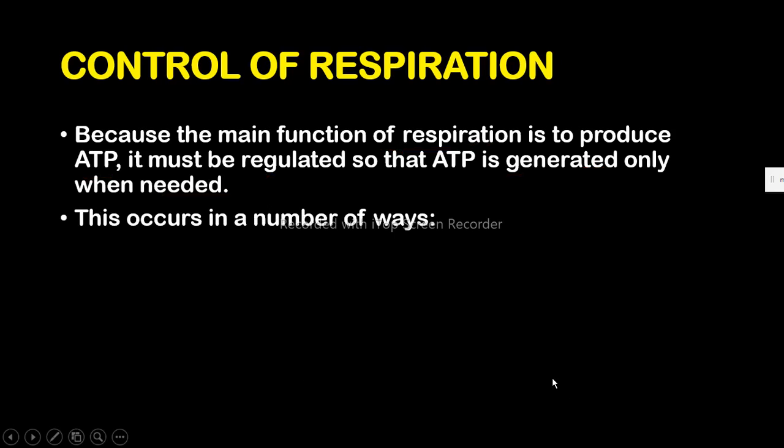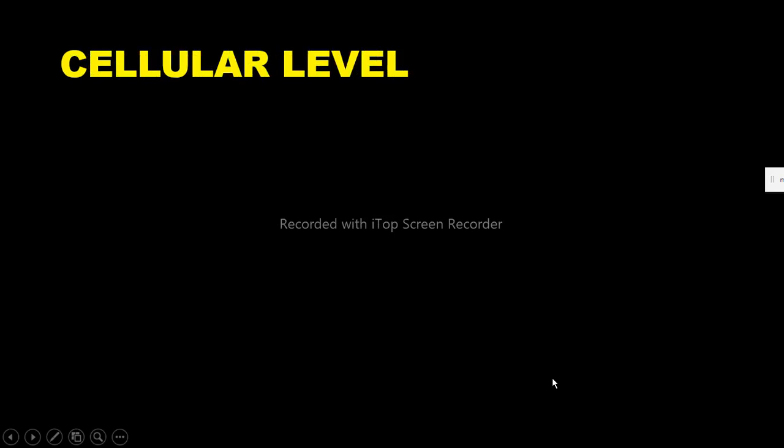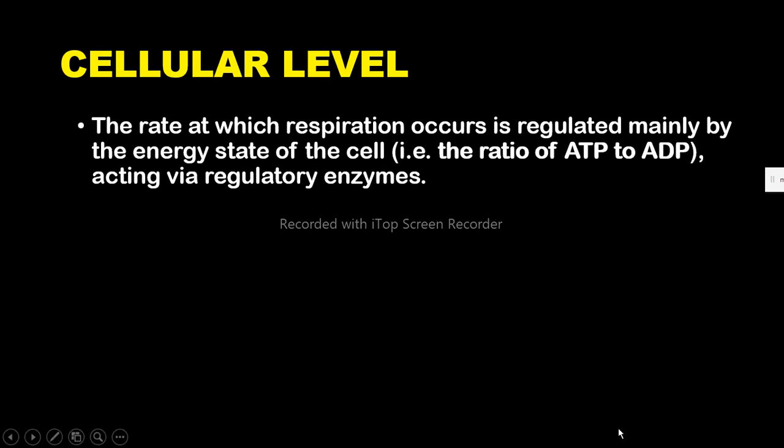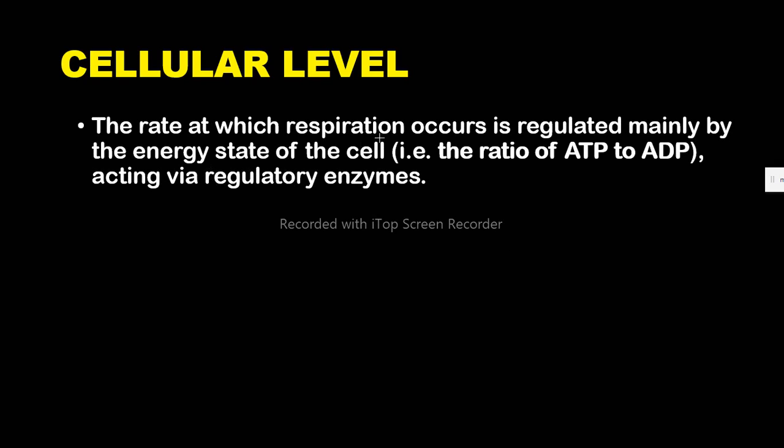So this occurs in a number of ways. Number one, at the cellular level, and then at the organism level. And at the cellular level, the rate at which respiration occurs is regulated by the state of energy in a cell. Depending on how much energy you have in a cell, it will determine the rate of respiration.